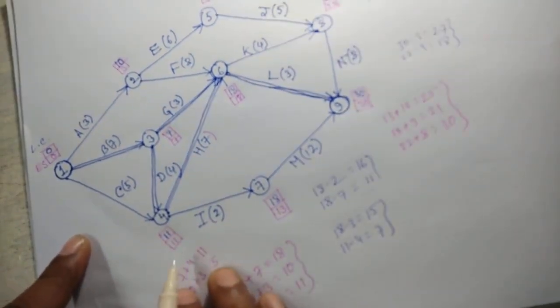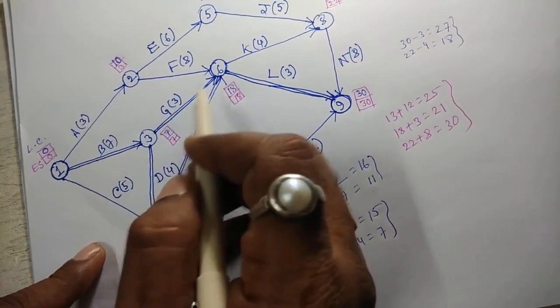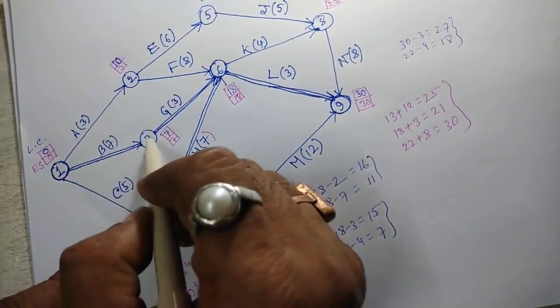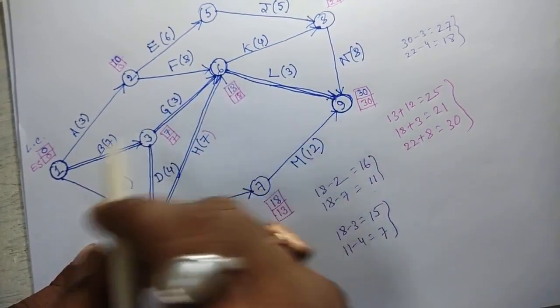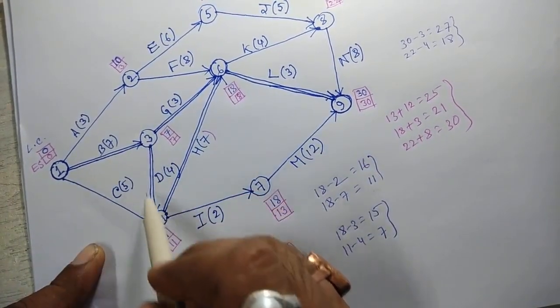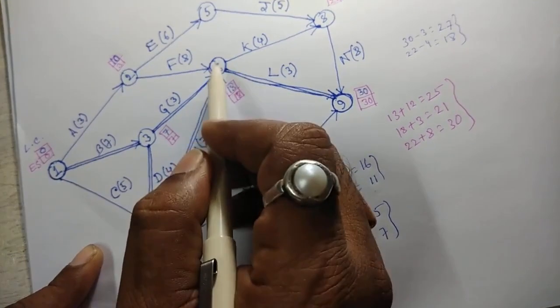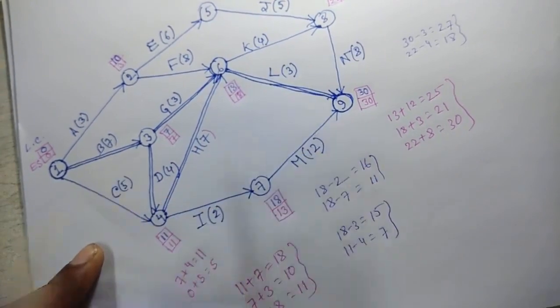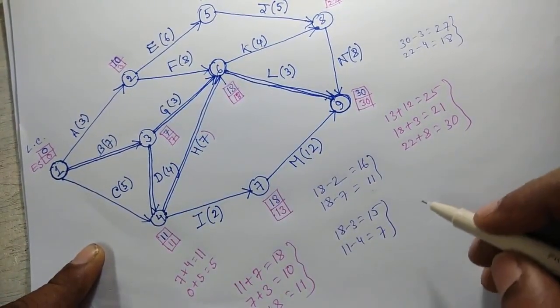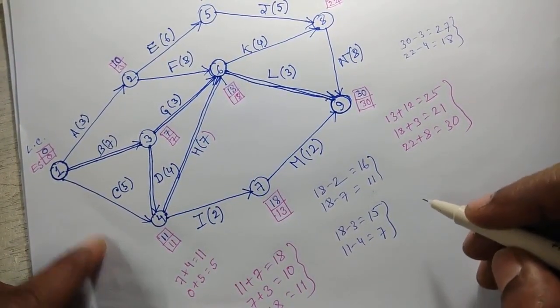Here we have two paths, from 1 to 3, then 3 to 6, 6 to 9, or 1 to 3, 3 to 4, 4 to 6, and 6 to 9. So here we have to calculate the total completion time.